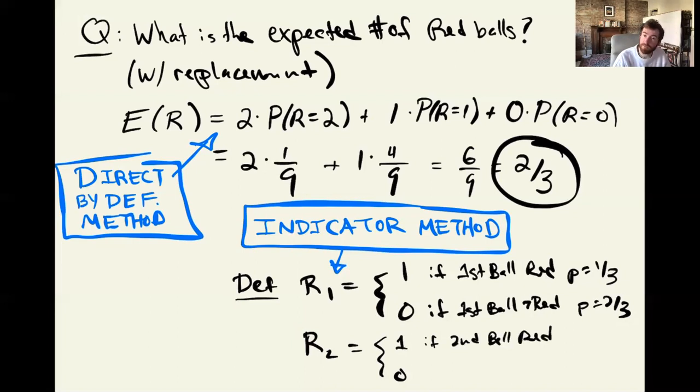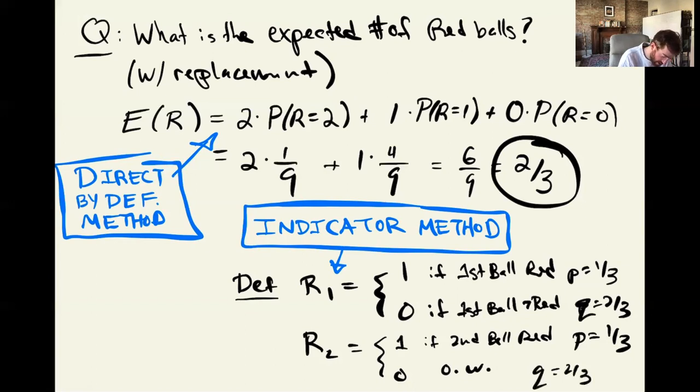And if you think about it, it maybe requires a little bit of convincing yourself, working it out the long way. But if I don't know any information about what happened in the first draw, the draws are independent, then again, I know this is 1/3, and otherwise with probability Q being 2/3.